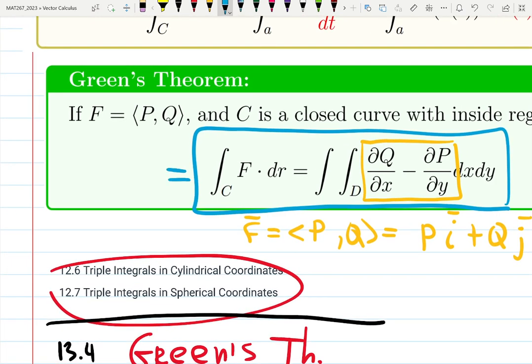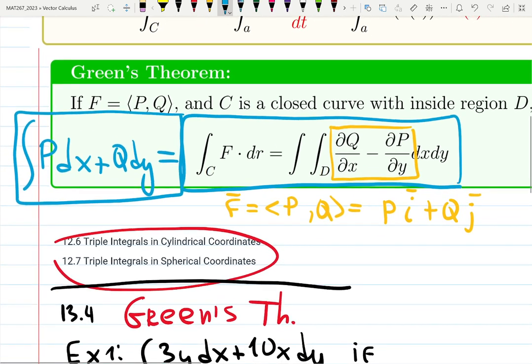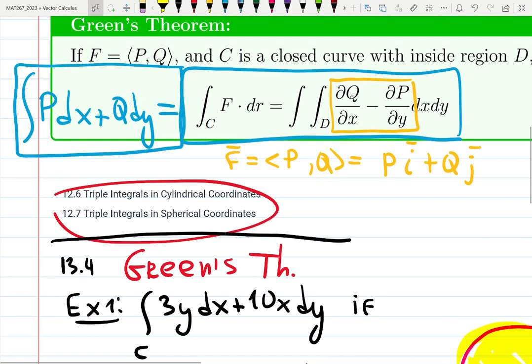The previous formula says you can write it down as P dx plus Q dy. So we're connecting all of these. That means this weird notation tells me that this piece is P and this piece is Q. P is attached to dx and Q is attached to dy.